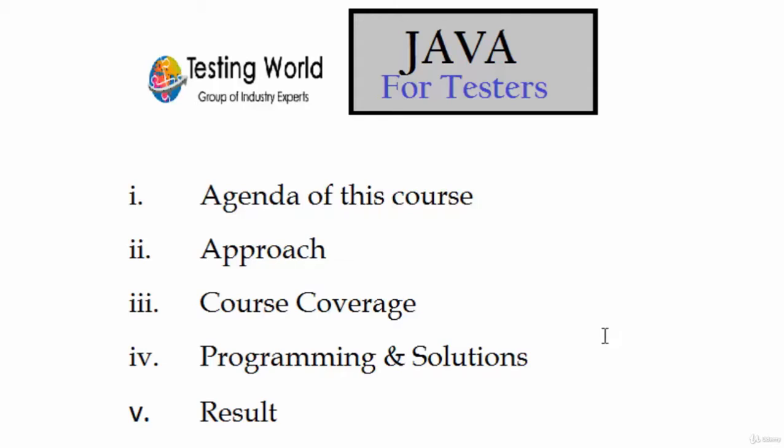We have to understand only the course content which is required for us to do automation as a software tester. So the agenda here is to only cover the topics which are mandatory for software testers.